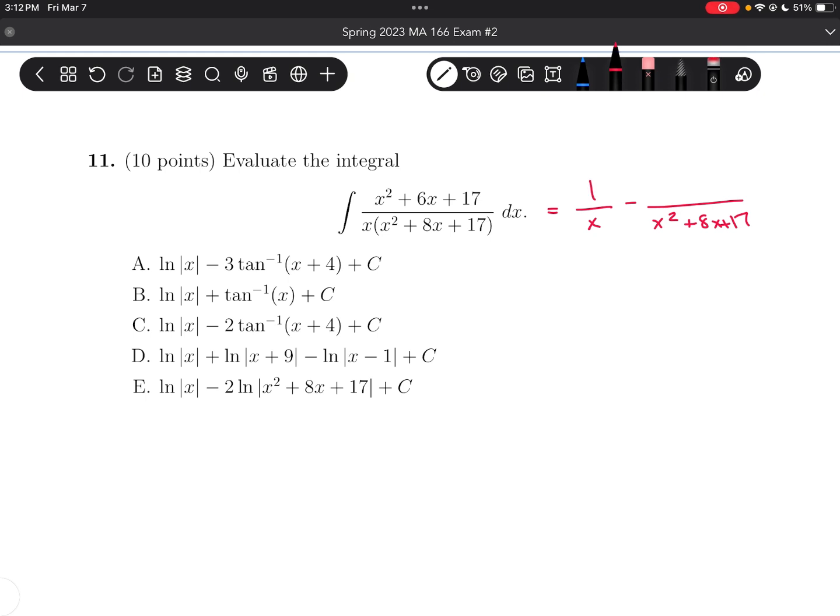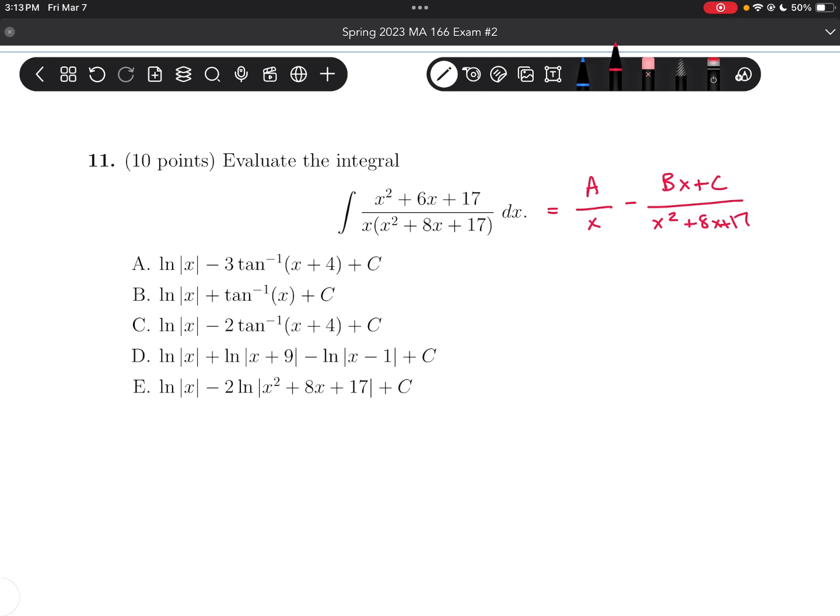So I could put a 1 up here and a 2 over here, and that's how this is the equivalent expression for this. If that's not immediately obvious, you can also use algebra to solve for A, B, and C in this case.